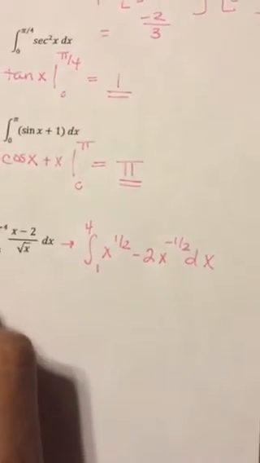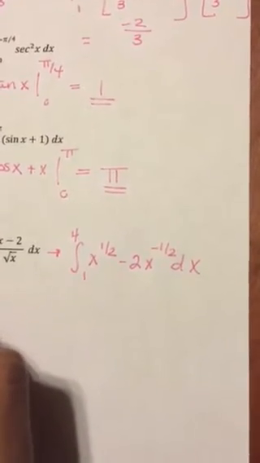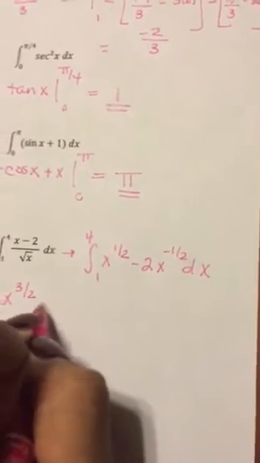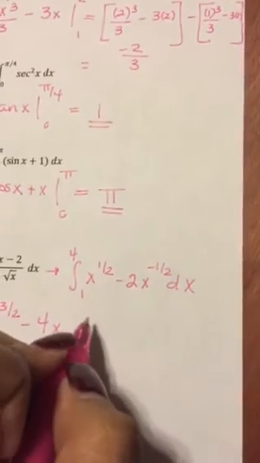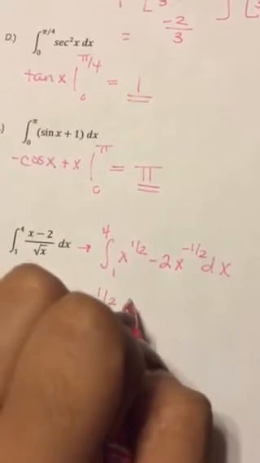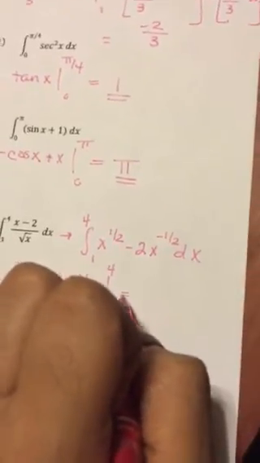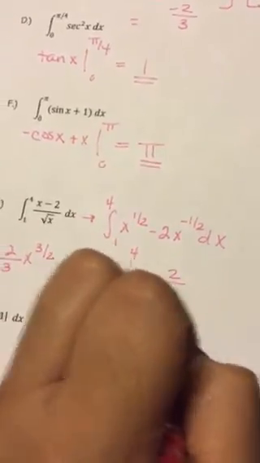We integrate it. That'll give us 2/3 x to the 3 halves minus 4x to the half, and we're evaluating it from 1 to 4. Substitute in the values, and we end up with 2/3.